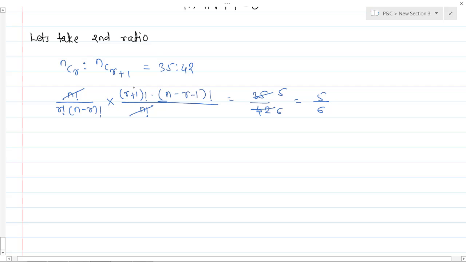Now we can expand this r plus 1 factorial as r plus 1 into r factorial, keeping n minus r minus 1 as it is, divided by this r factorial, and this part is n minus r factorial. So I will express this n minus r factorial as n minus r into n minus r minus 1 factorial. This is equals to 5 by 6.